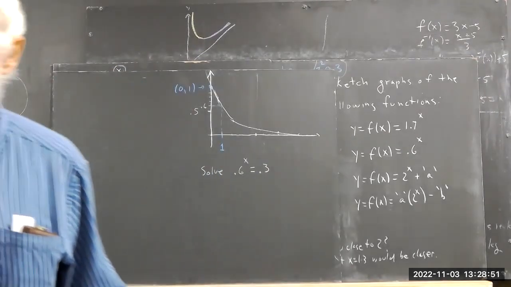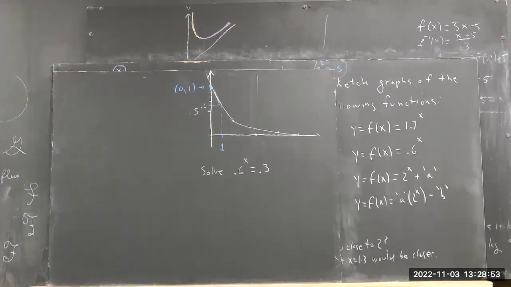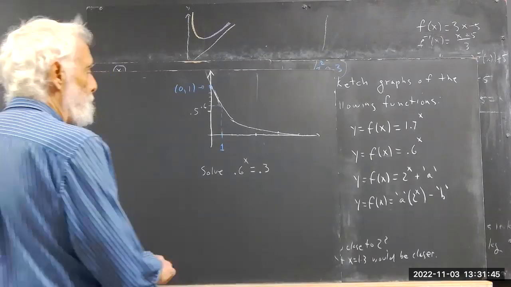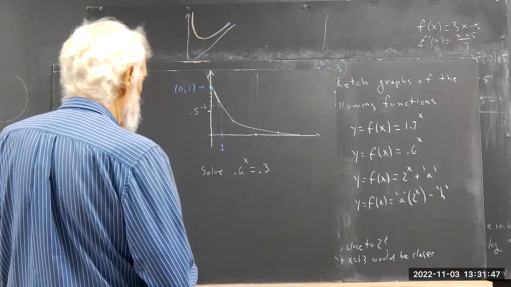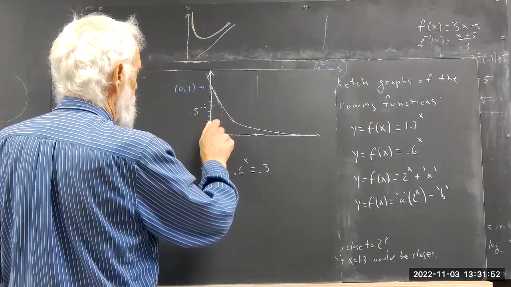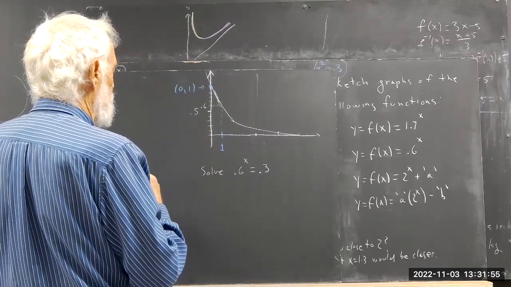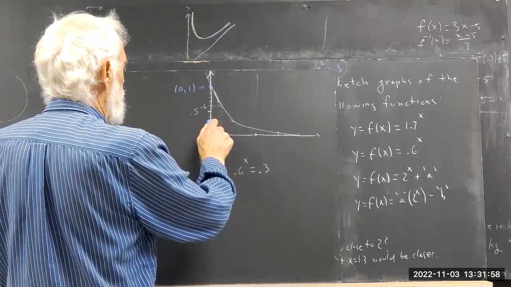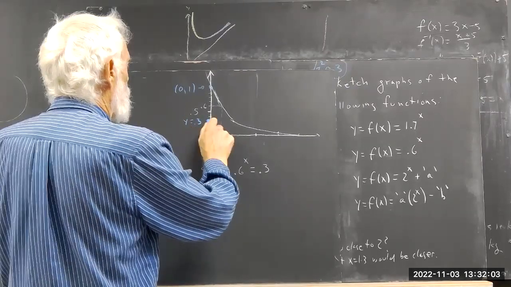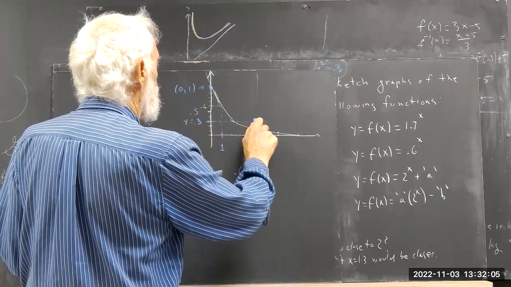Using a graph, can you estimate a solution to the equation 0.6 to the x equals 0.3? Okay, people do quite well. I think everybody pretty well sees that if this is 0.6, well, we can do a little more scaling and we can see that y equals 0.3 on this line.